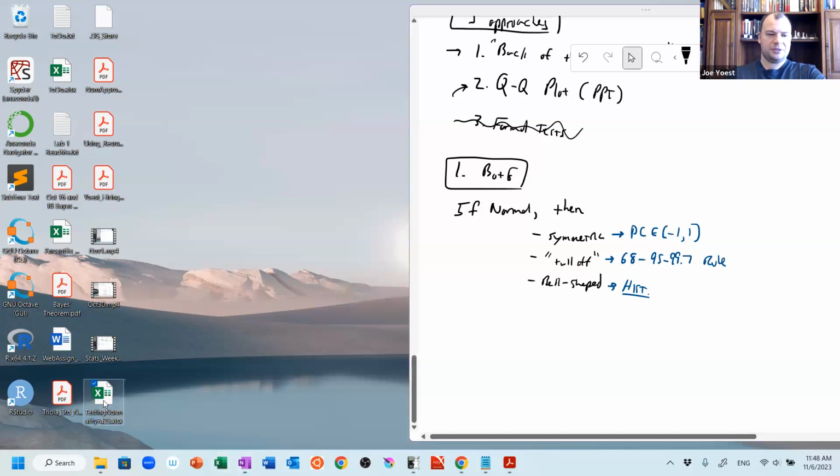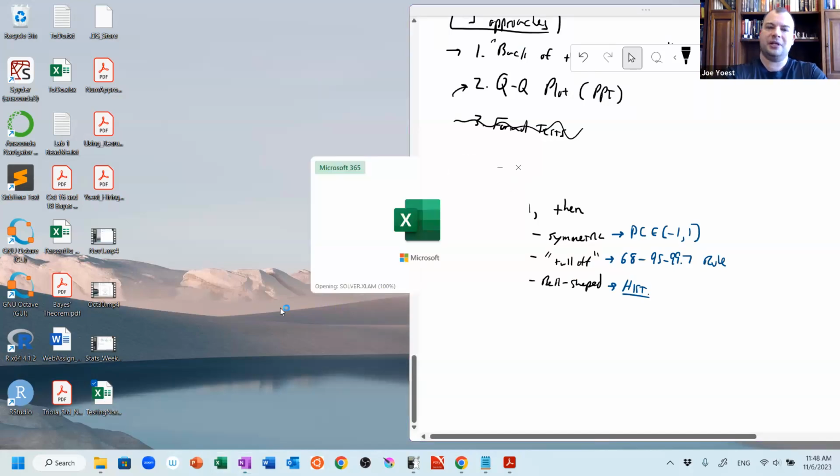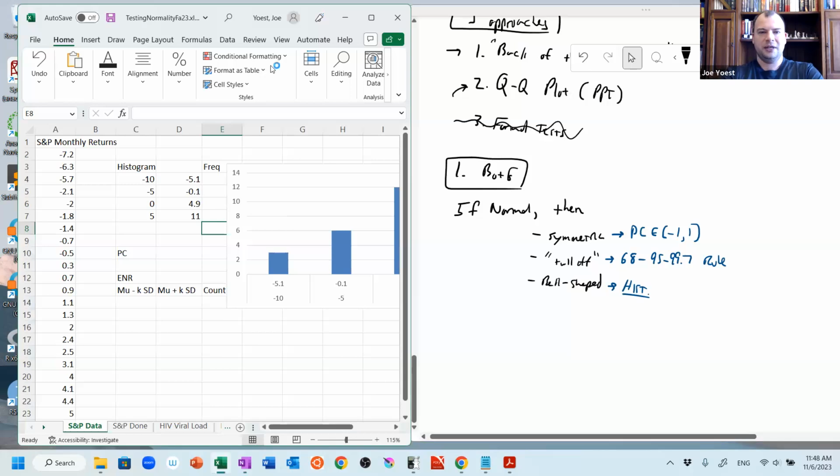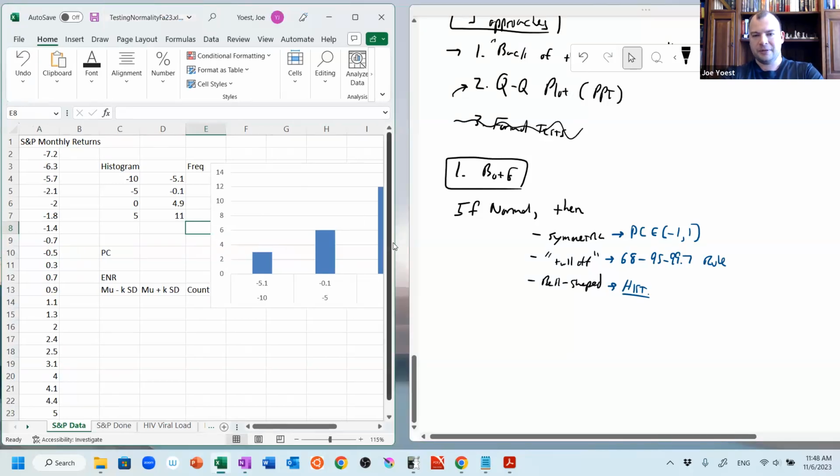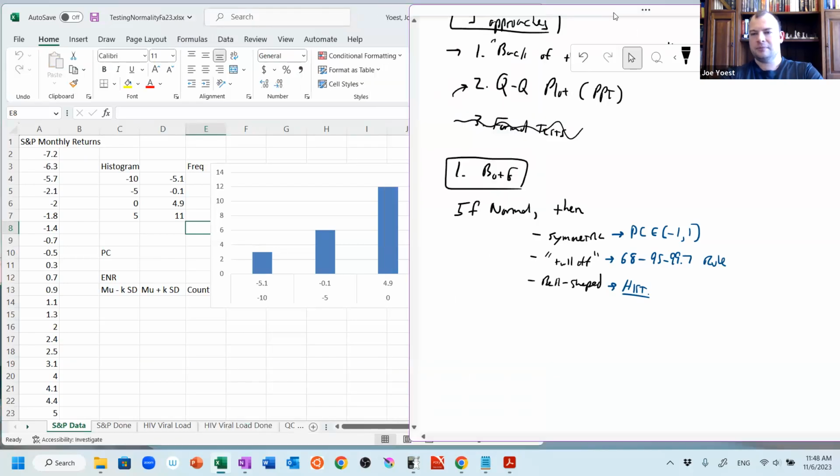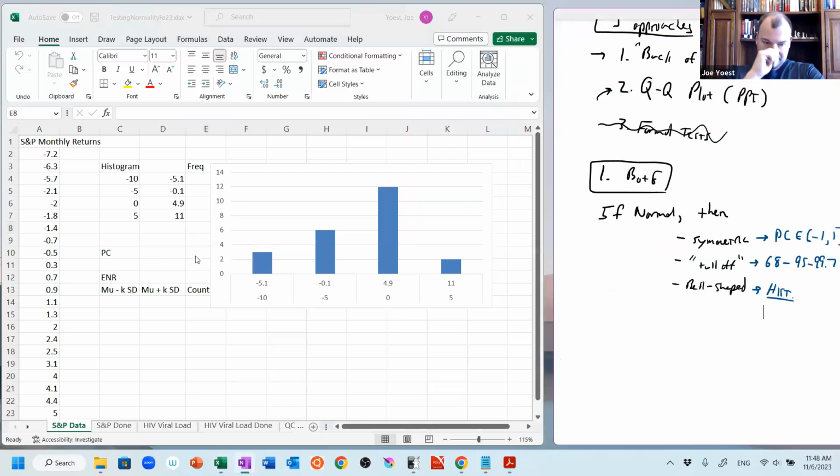Okay, so let's bring up this Excel file with some of the data and we'll investigate some of these data sets. So this first one is S&P data.